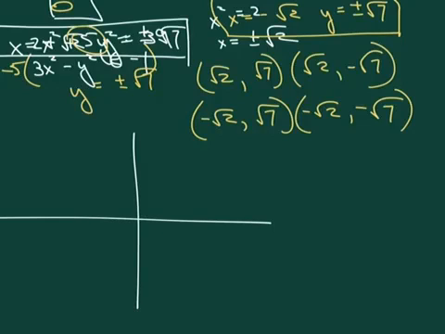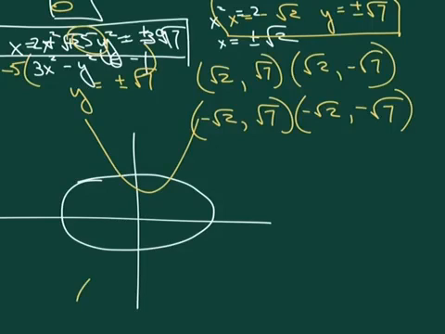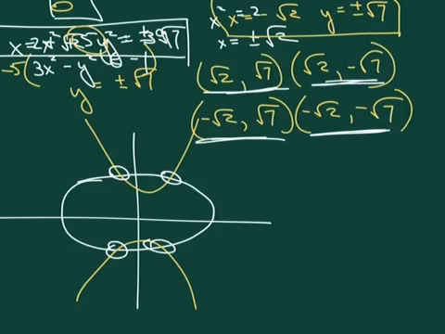So what we get here is this from our 2x squared plus 5y squared equals 39. Then we get a parabola like that. And each one of these points represents one of these. Okay? Crosses at 4 different points, and there's your answer.